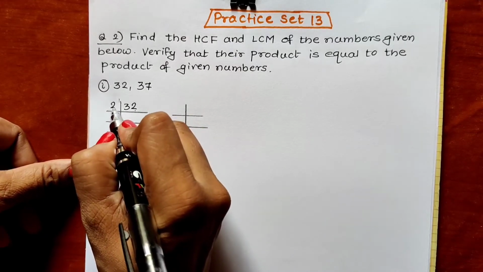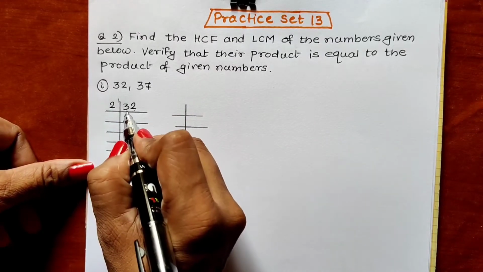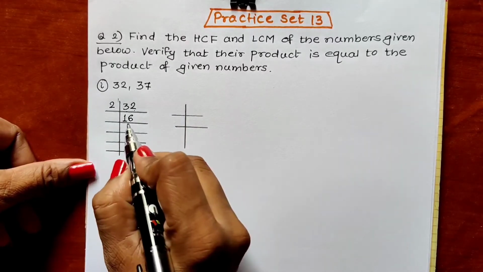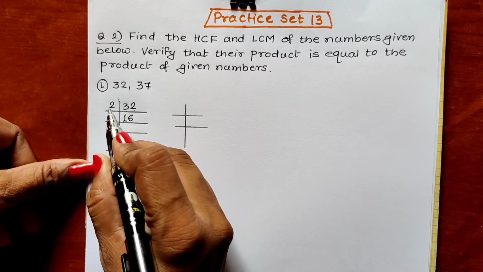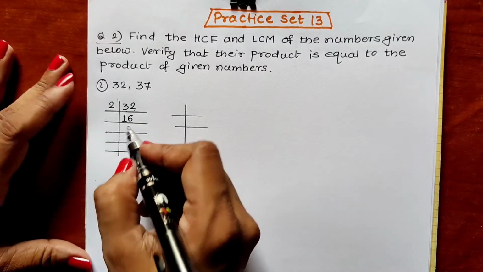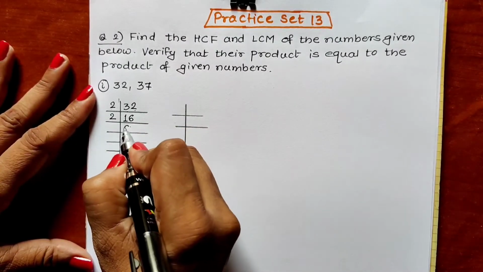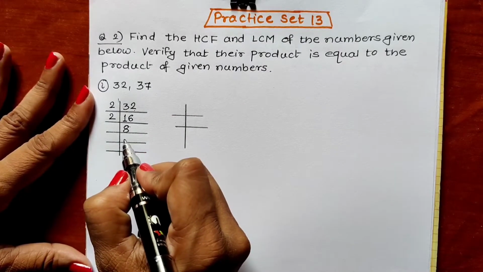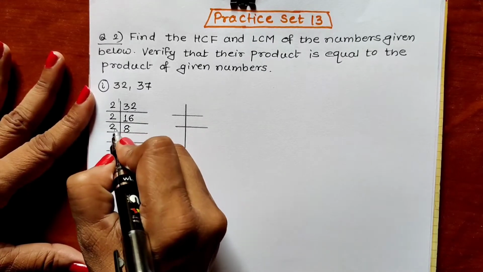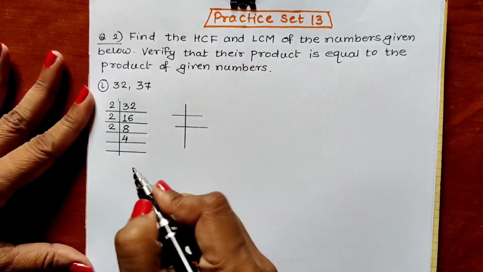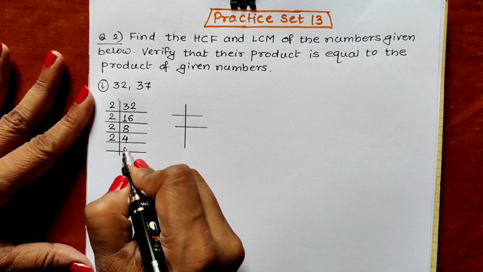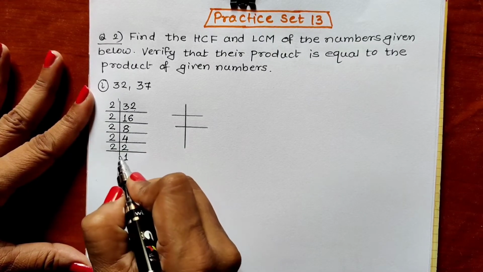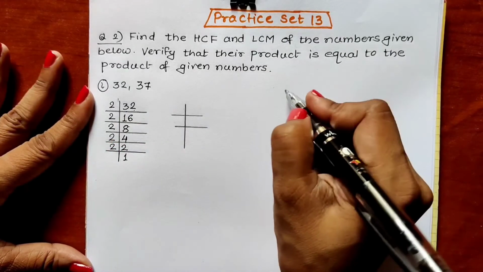So let us divide by 2. 2 ones are 2, 3 minus 2 is 1, remaining 2 makes 12. 2 sixes are 12. 16 we have got, which is an even number in the table of 2, so it is divisible by 2. 2 eights are 16. 8 is divisible by 2 again. 2 fours are 8. 4 is divisible by 2. 2 twos are 4. 2 is divisible by 2 only, so 2 ones are 2. In this way we have got the factors of 32.